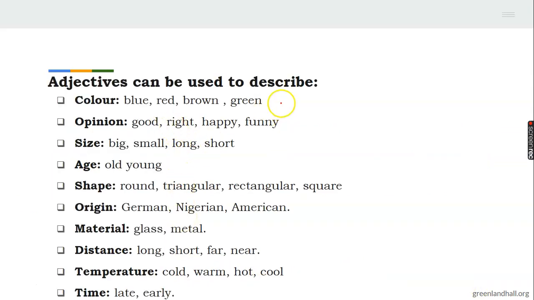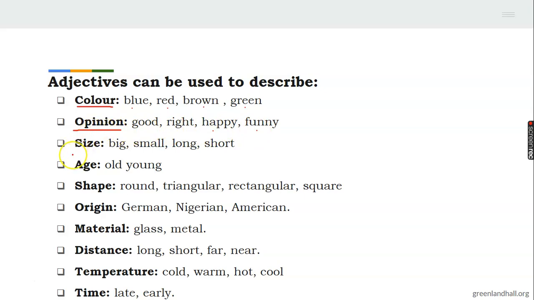An adjective can be used to describe color. Yes, we have blue, red, brown, green. And then an adjective can also be used to describe opinion, whether good or right, happy, funny. An adjective is used to what? To describe opinion.